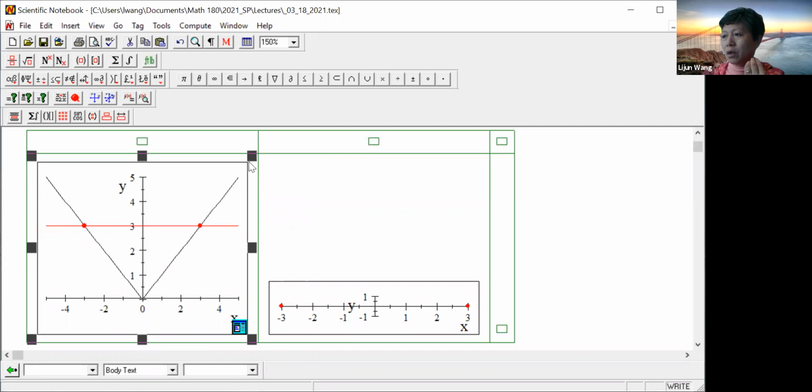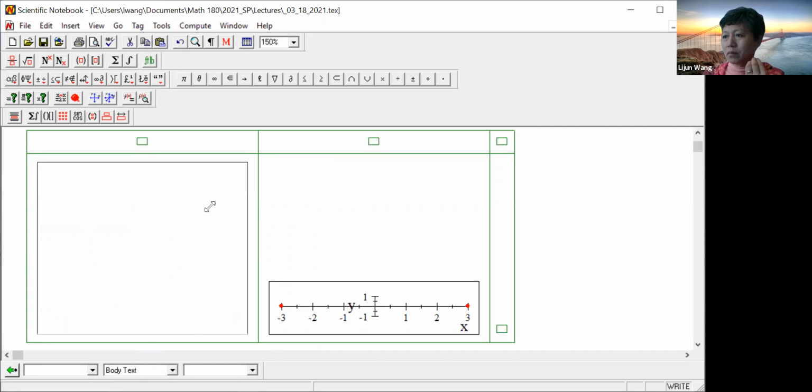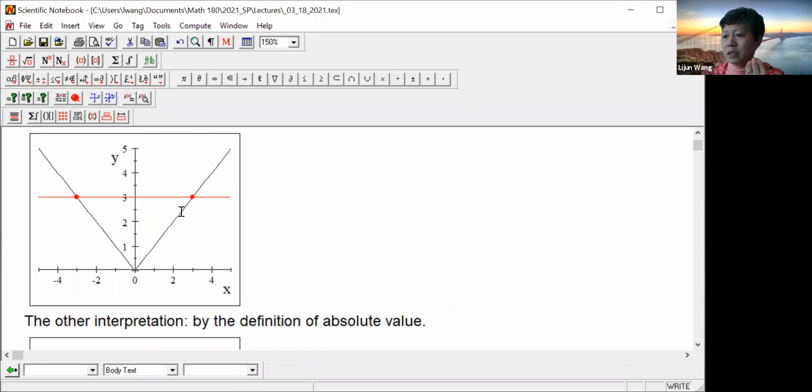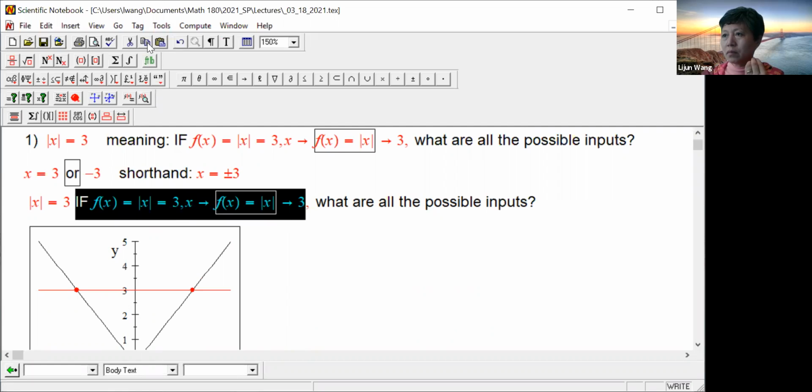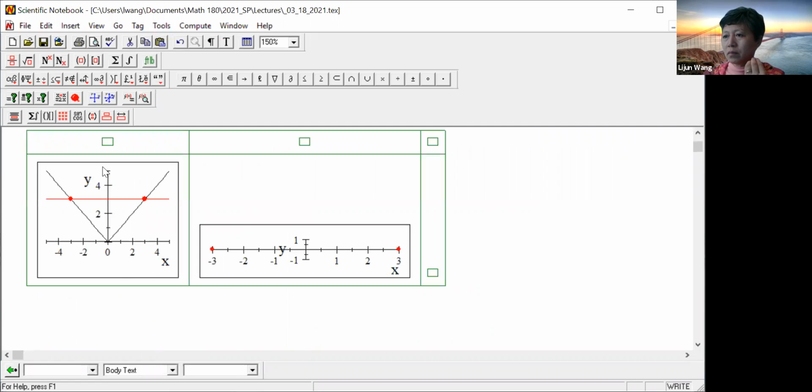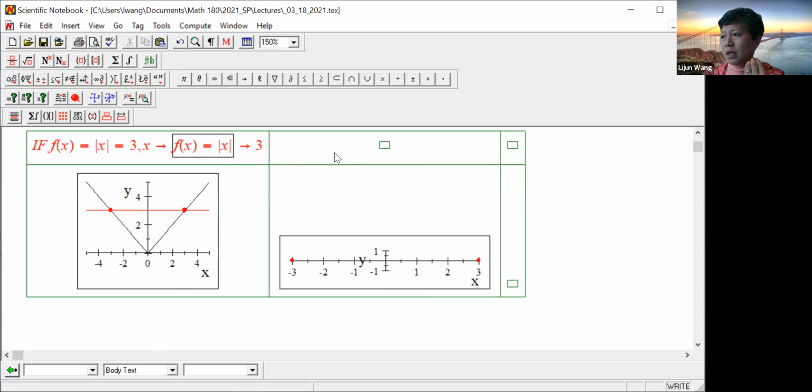It's all about the same thing. This one is the function interpretation. And the other one is just from the perspective of absolute value. Nothing fancy.